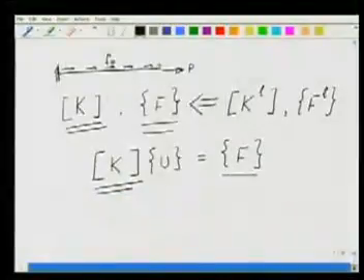Now, what we had done in the last class is we had developed this matrix K, we had developed this vector F, but we had not taken into account the effect of the boundary conditions. Now, how do we account for the boundary conditions?